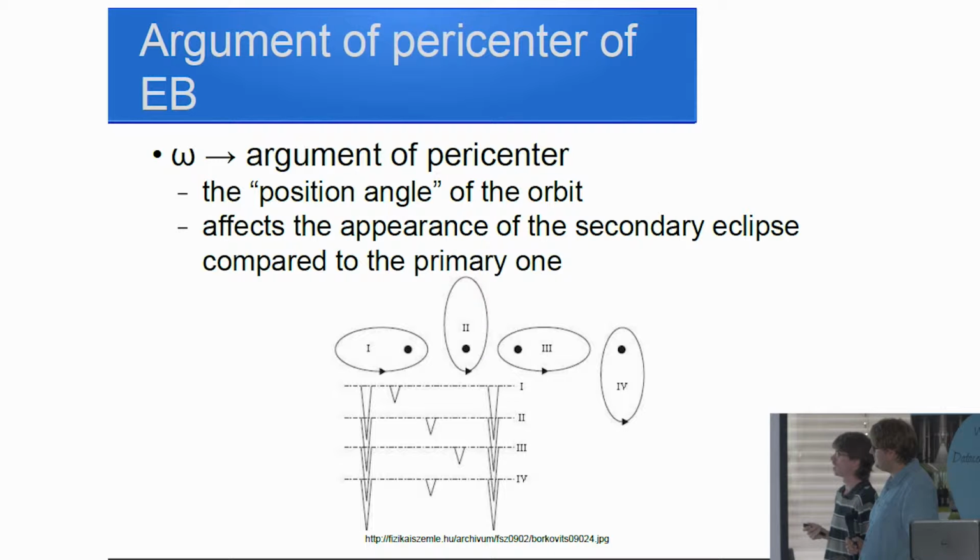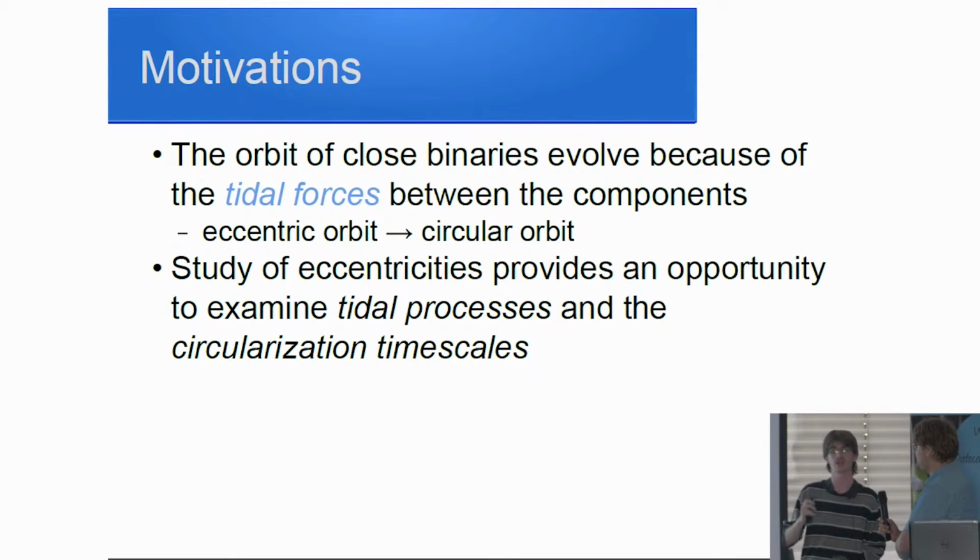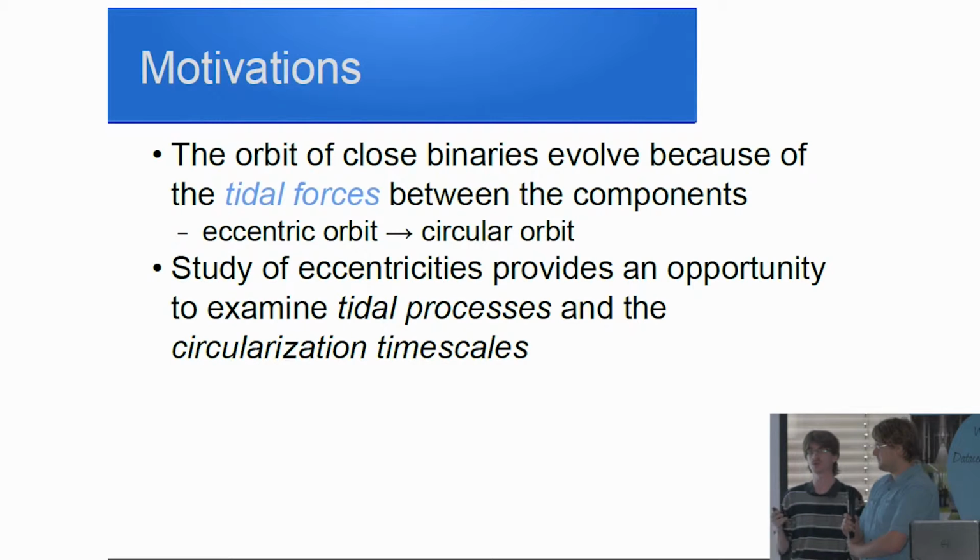Okay, so I am working with these two parameters, the eccentricity and the argument of pericenter, because the orbits of eclipsing binaries evolve during their lifetime because of the tidal forces between the companions.